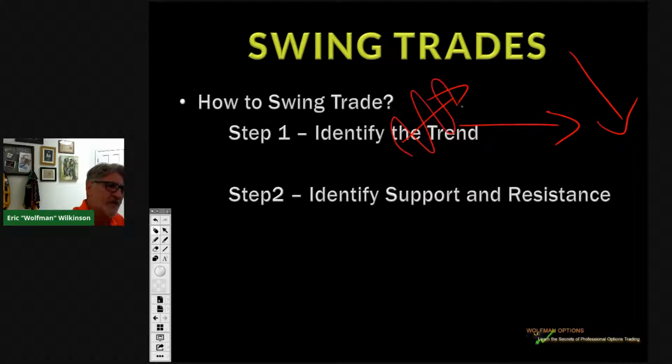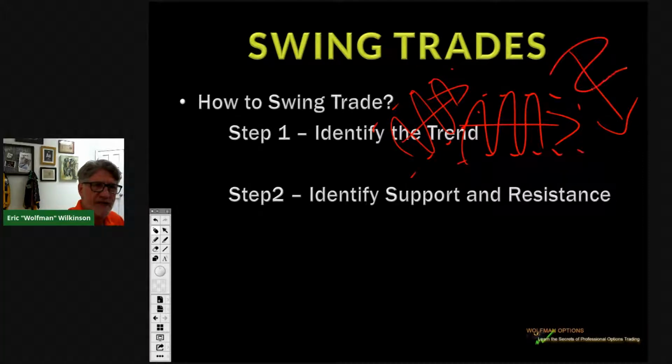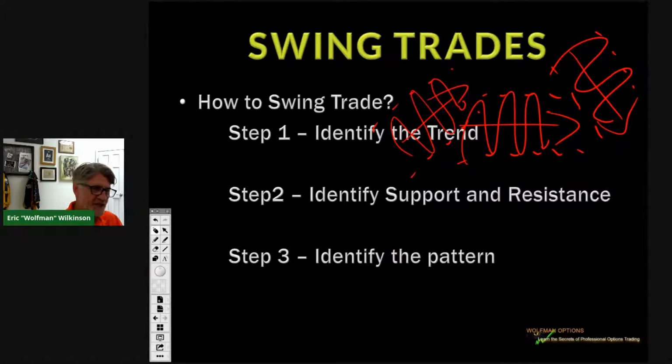Kind of blur your eyes and look where the underlying loses momentum to the upside and gains support to the downside. Those are your support and resistances, all right? And then ultimately, what we want to do is look for the pattern reversal or the pattern change, okay? So identifying the pattern move being this here on a bullish pattern inside of a market neutral bullish pattern, all right? So those are the things that we would kind of look for.